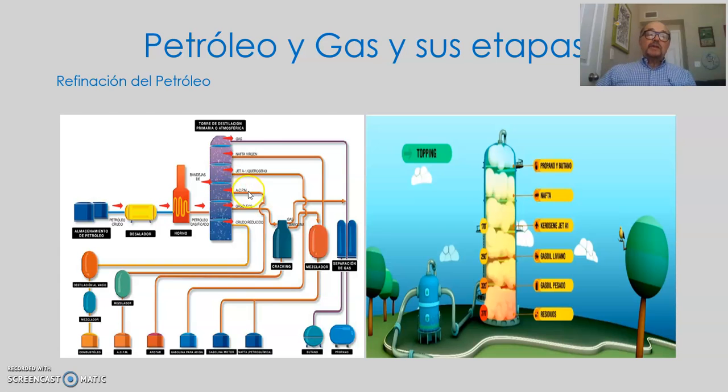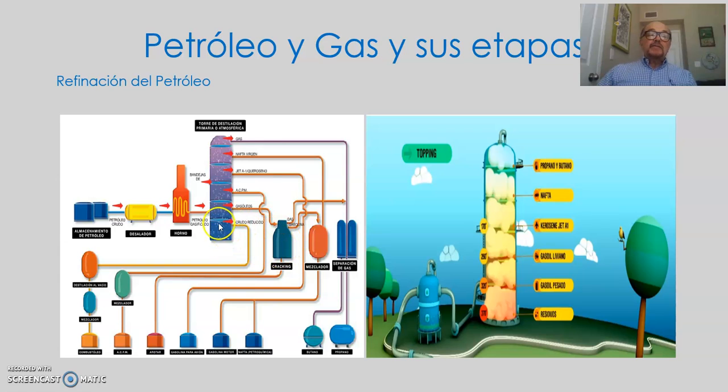Like I said before, the diesel goes out in a mixer. We can get different types of mixers. Okay, the heavy parts go to the cracking. In the cracking, we get some tar, and we also get gas, and we also get part of the gasoline and the naphtha from these heavy gas oils.